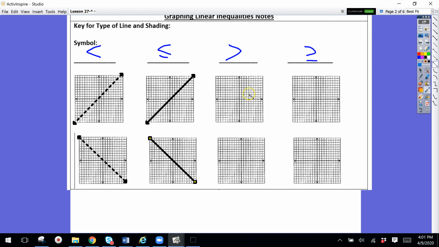Now I always suggest take a point in your shaded area, plug it in, and make sure it works. If it doesn't work, that means that you shaded on the wrong side. You have to shade on the other side. And so here, let's pick a point. This point is 0, 5. So we're going to plug in 0, 5.